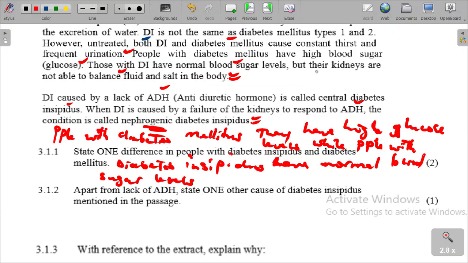We can see that those with diabetes mellitus have high blood sugar, while those with diabetes insipidus have normal levels. These have high blood sugar levels, but their kidneys are not able to balance the fluids, which is shown in the essay.